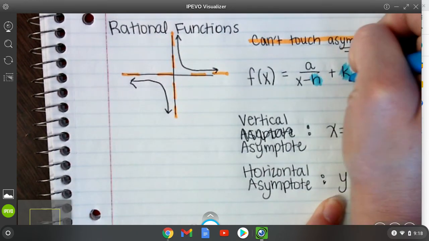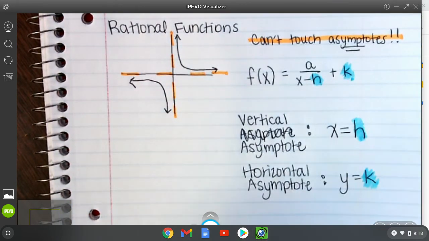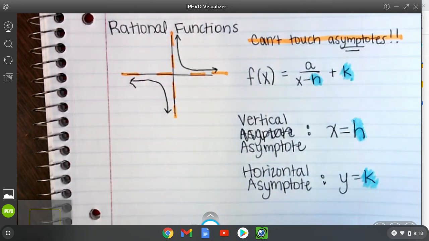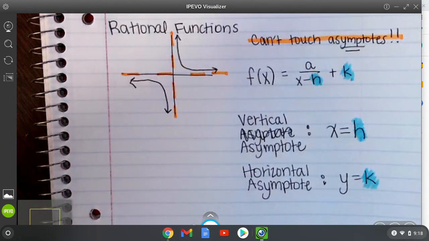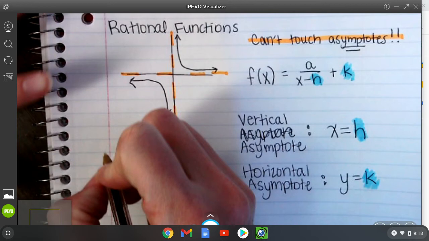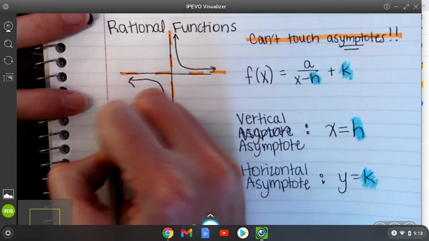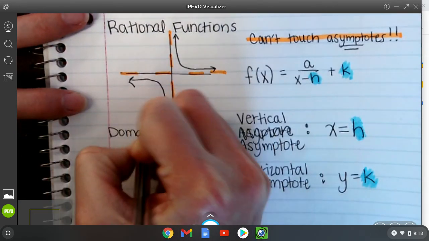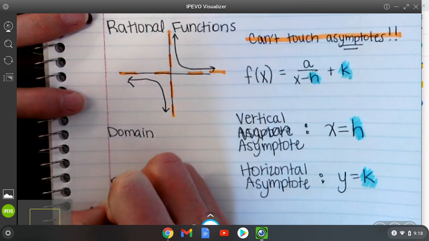It's just whatever number is added on there, or it could be subtracted and the k will be a negative number. This is going to be a super important piece of information right here. Now I'm going to give you something else for the domain and the range before we get started, and then you can just use this right here to help you.